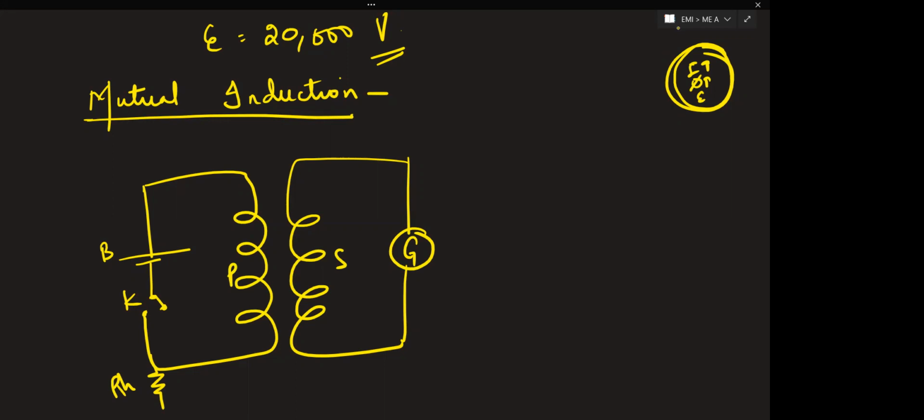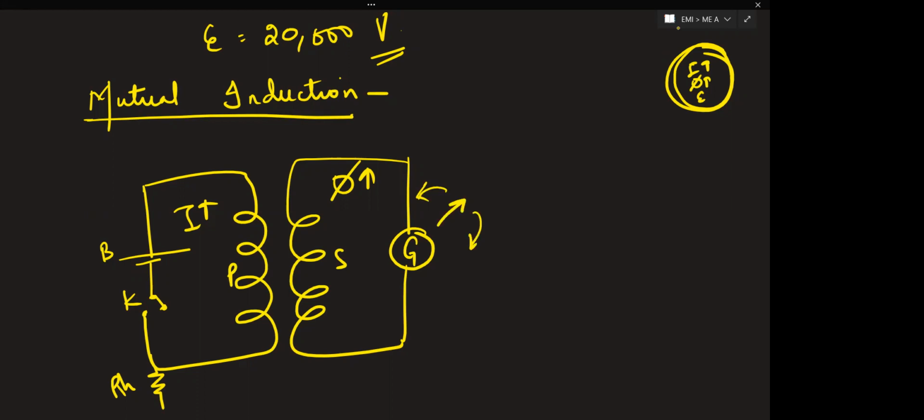When current flows through coil P, it produces a magnetic field, which produces a magnetic flux through coil S. Now what happens if the current in coil P is varied? The magnetic flux linked with coil S will also change. And how do we know whether it is changing or not? By the deflection seen in the galvanometer. Either it will move in this manner or in this manner.